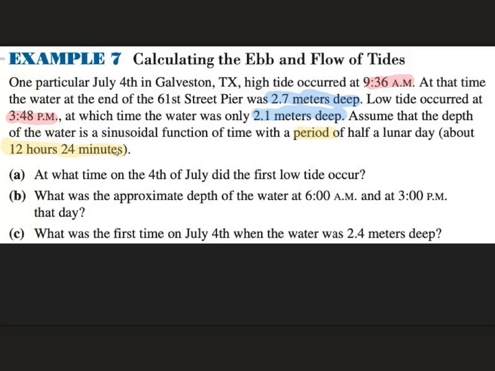And then finally, for question C, what was the first time on July 4th where the water was 2.4 meters deep? So now, what I do, and this is a calculator trick, I'm going to hit second window. This is your table set page. When you hit second window, the first thing you see is table start.